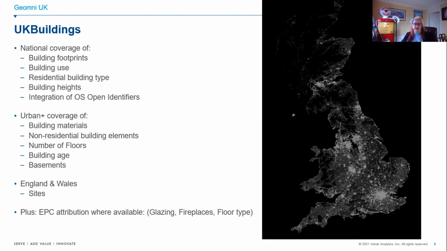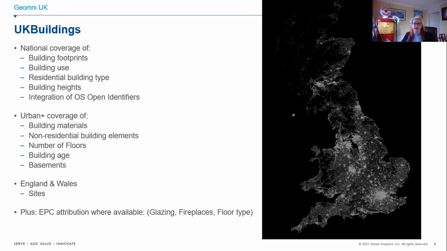The image you can see here is all of the building footprints across the country. There's no background mapping at all, so you can clearly see the spread of buildings, where the more urban areas clearly are.